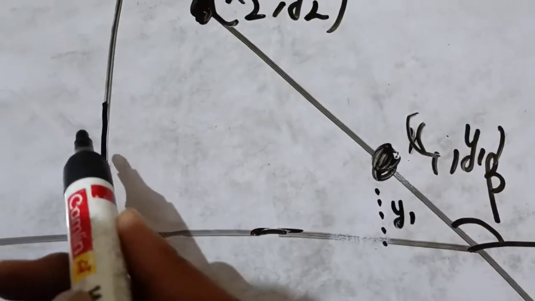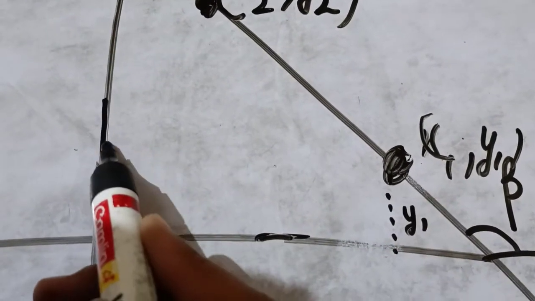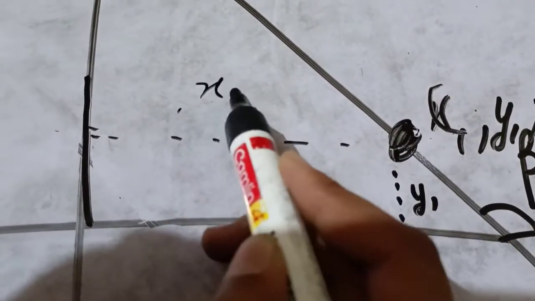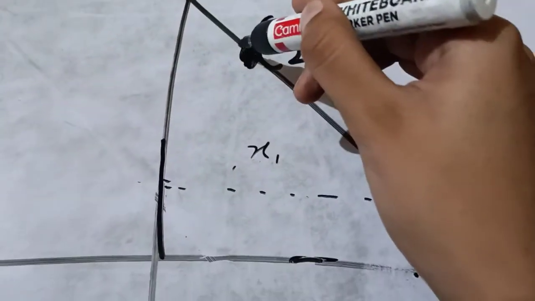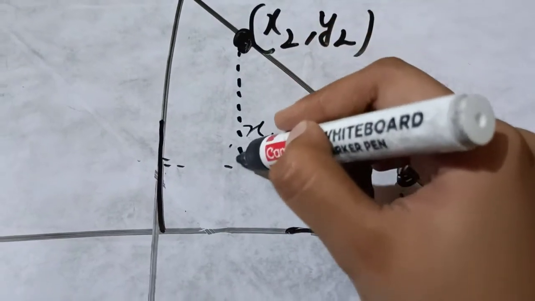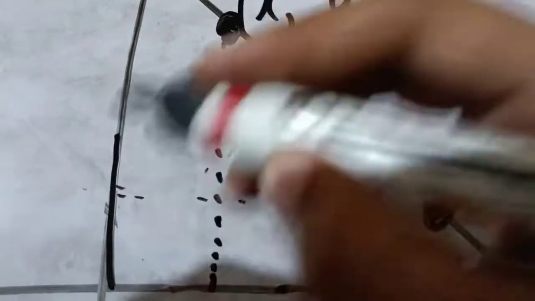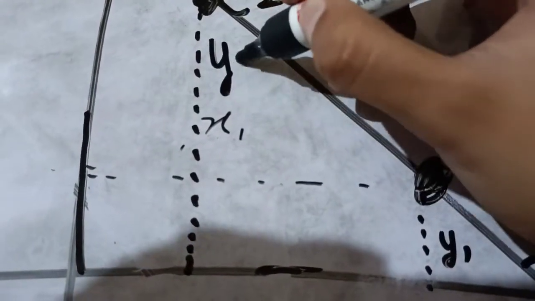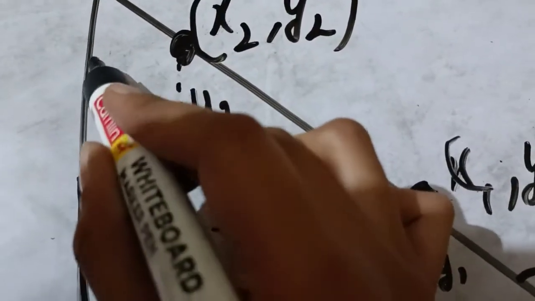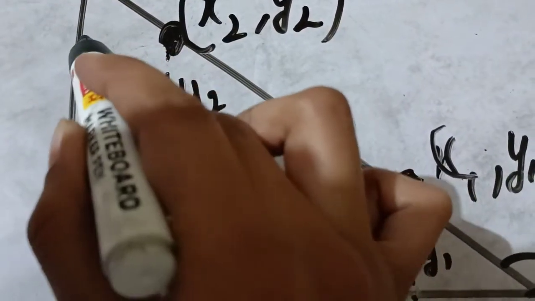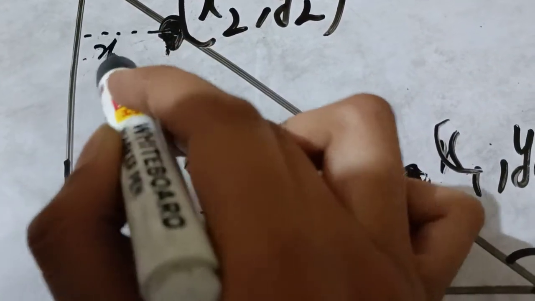This distance from our y-axis to this point is x1. This distance from our x-axis to that point is y2, and this distance from the y-axis to this point is x2.